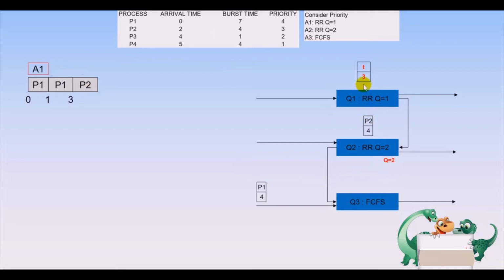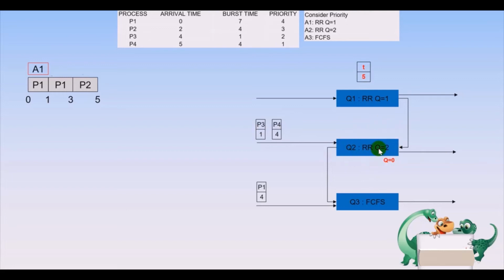So at time 3, at time 4, until this quantum gets to 0 at time 5. So P2 was executed for 2 milliseconds. Now, after 5 milliseconds, we still have 2 processes on the queue. That means P3 and P4 have made it on Q2.